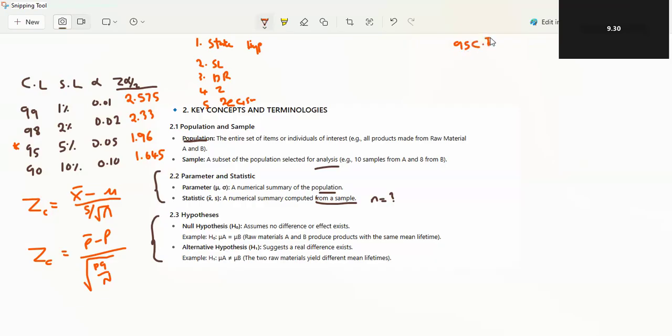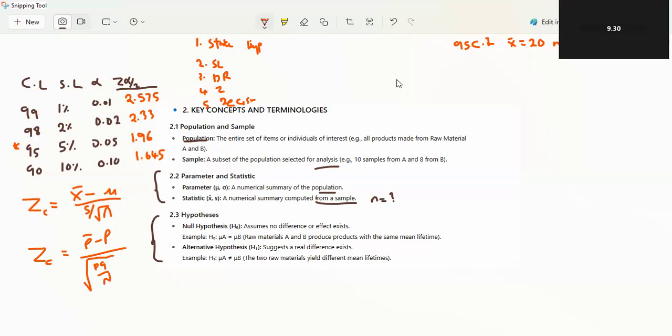So at 95% confidence level, given a mean of 20, which was calculated from a sample size of 86, with a standard deviation of, test the 95% for a mean, which we assume to be 25. Population mean is 25. So the 5 steps that we're going to follow in here are simple.